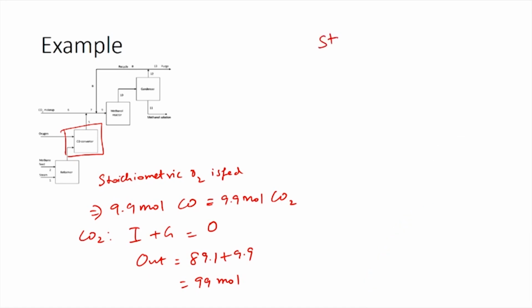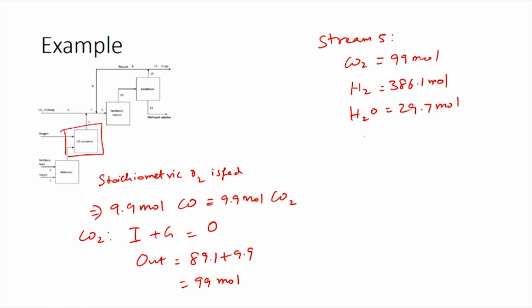So, stream 5 would have the same components as in stream 3 except for carbon dioxide being 99 moles instead of 89.1. So, this would be carbon dioxide being 99 moles, and you do not have any carbon monoxide here because it has all been converted. Hydrogen would be 386.1 moles, water would be 29.7 moles, and nitrogen is still not taking part in the reaction.